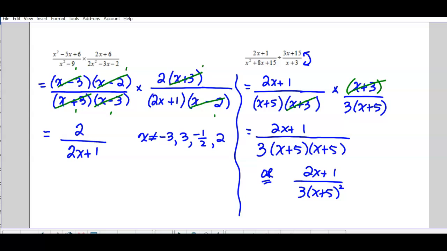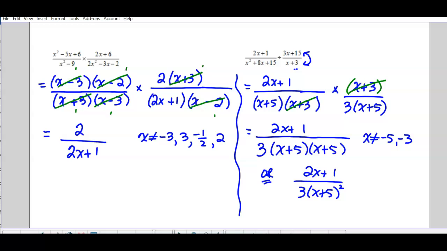In terms of your non-permissible values, you look at both denominators, so the denominator of the first rational expression, so negative 5 and negative 3. Denominator of your second is negative 5, we've already included it. And as well, you should look at your original denominator of x plus 3. Well, it's actually already included, so no extra restrictions, but you do always have to check.